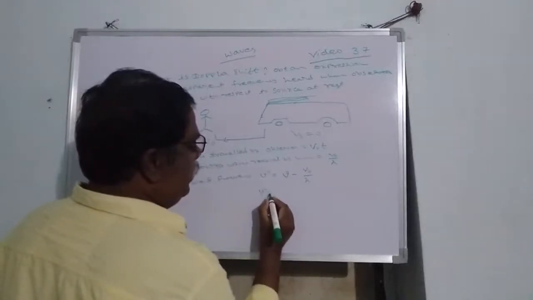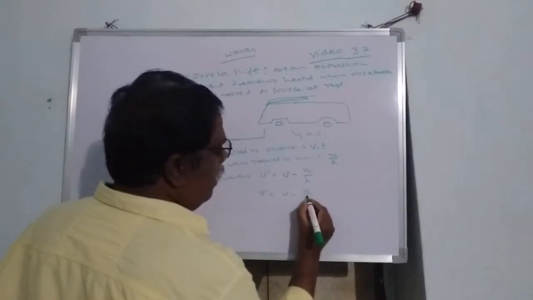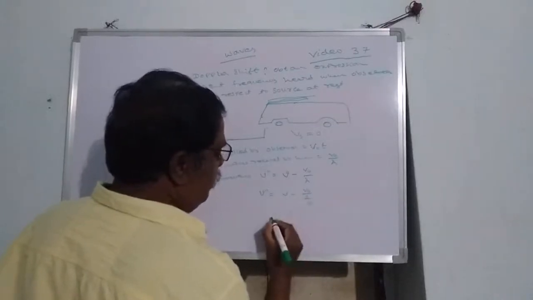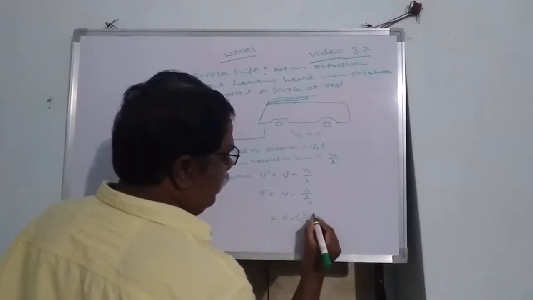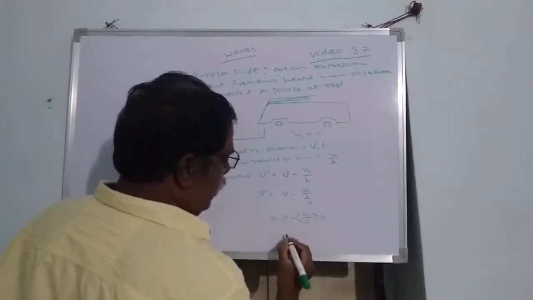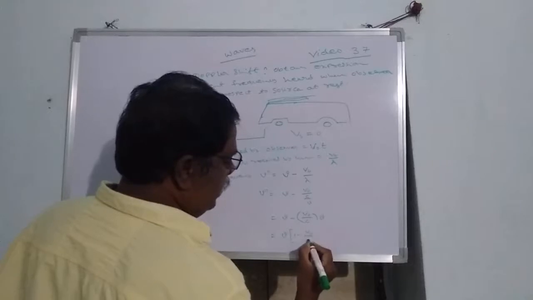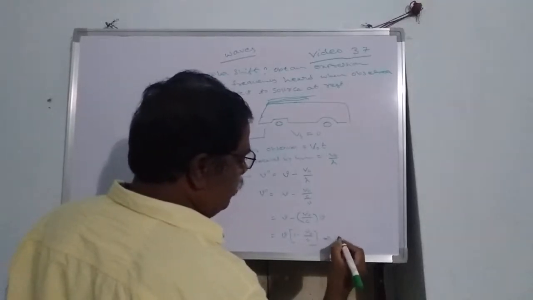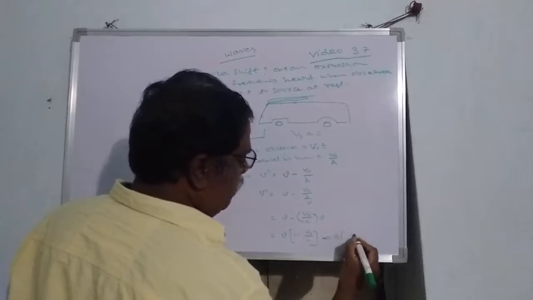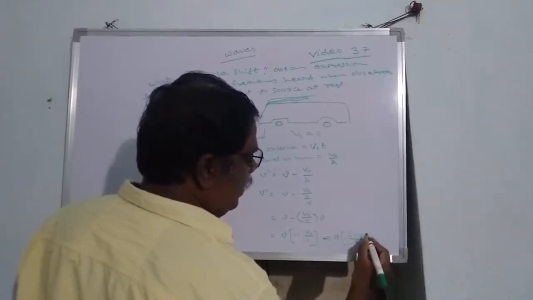Mu double dash is mu minus V naught into C by mu, that is mu minus V naught by C into mu. Taking mu common, it is mu into 1 minus V naught by C, or also mu into C minus V naught by C.